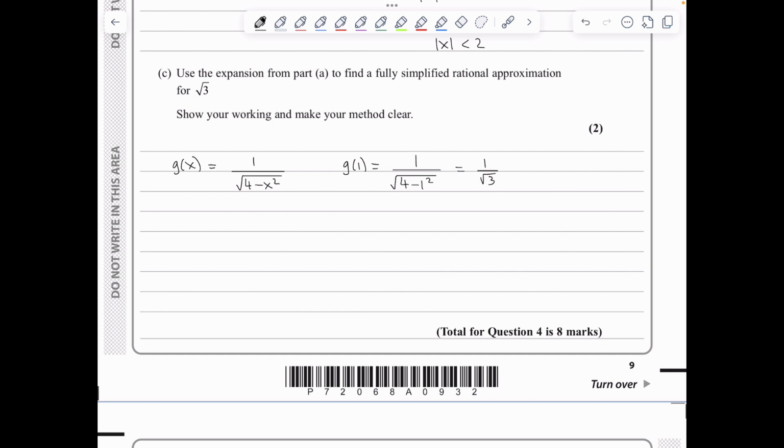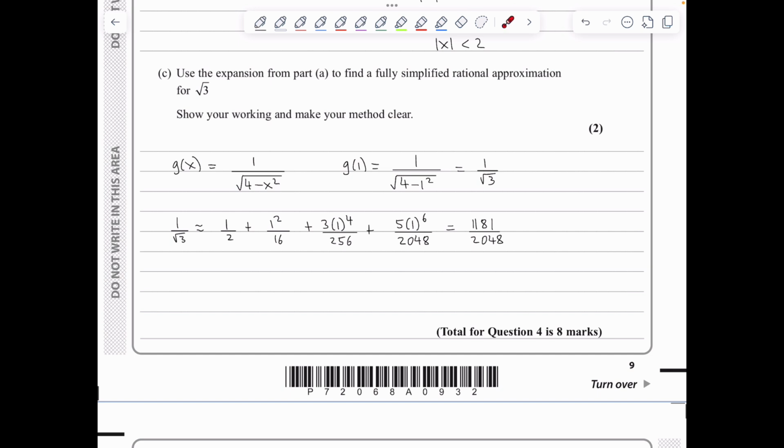So we're looking at 1 over root 3 being approximately equal to a half plus 1 squared over 16. So I'm substituting x with 1 here, plus 3 times 1 to the power of 4 over 256 plus 5 times 1 to the power of 6 over 2048, which gives an answer of 1181 over 2048.